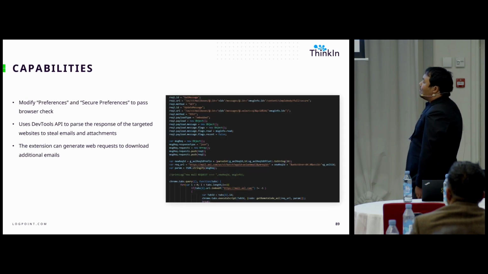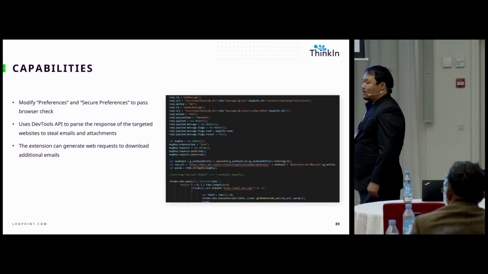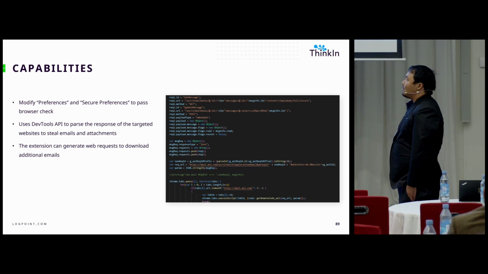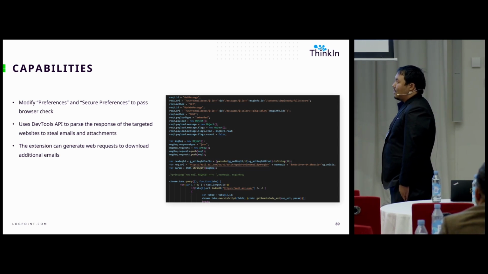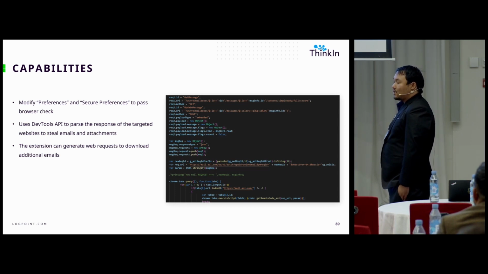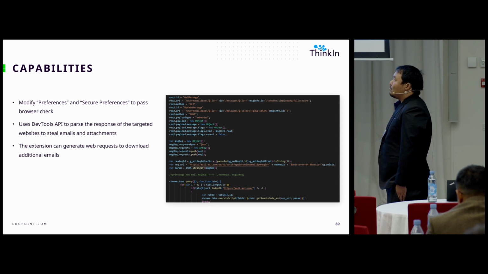Basically, Chrome has a safety feature where it will not allow directly manipulating the configuration file, because for this the APT group have directly modified the configuration to install the extension. So Chrome stores the configuration in 2 files named Preferences and Secure Preferences.